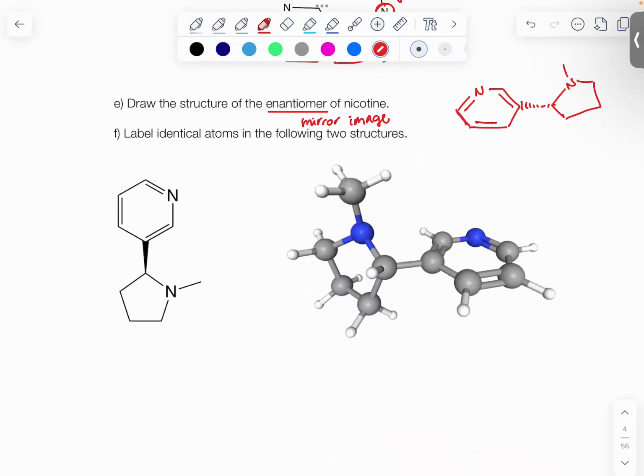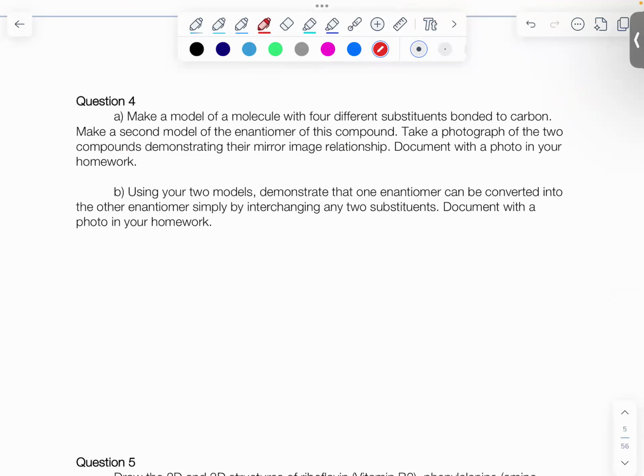And then we will just number the identical atoms here. This one is pretty simple. Moving along. Okay, so question 4.